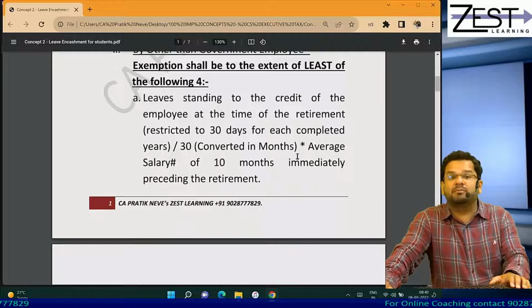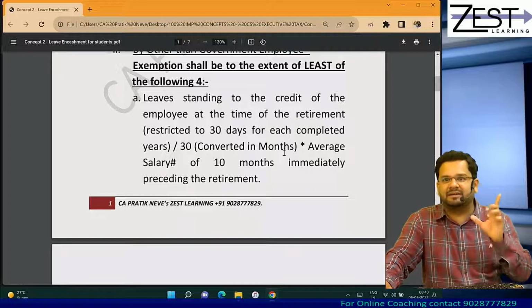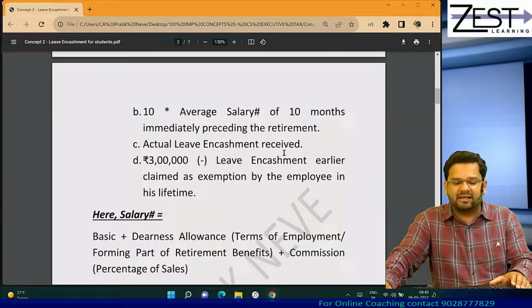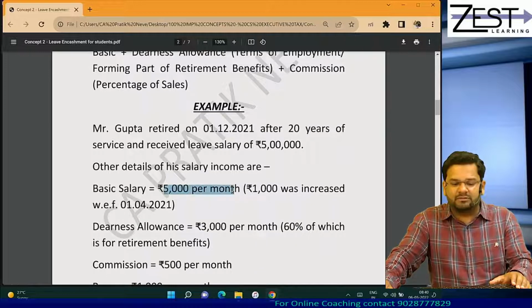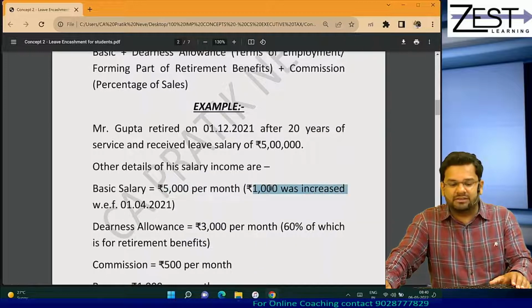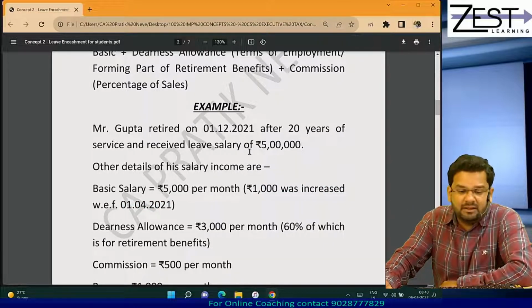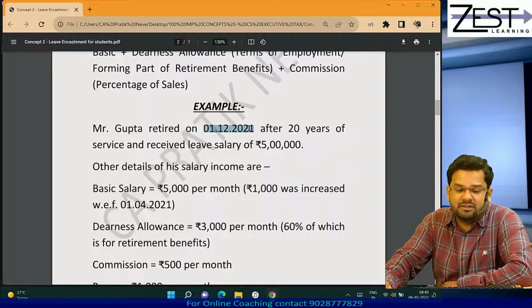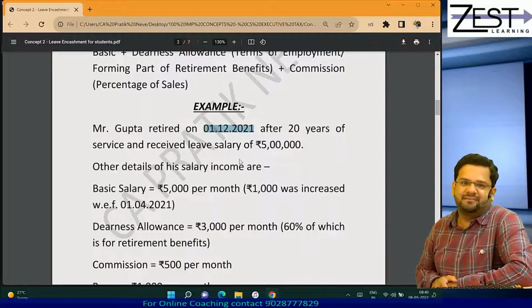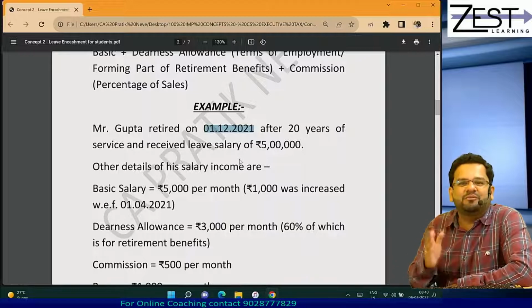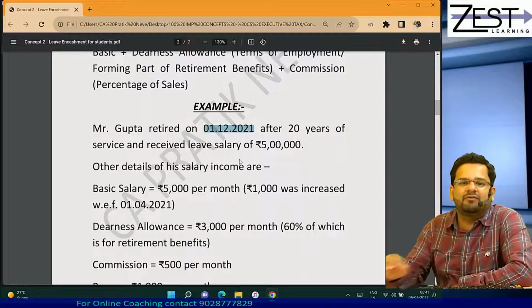Now that should be multiplied by the average salary of the 10 months immediately preceding the retirement. Now let's find the average salary. His basic salary was 5,000 per month; 1,000 was increased with effect from 1st April 21. He retired on 1st December 21, so you have to take the 10 months before this. It will start from 1st Feb 21 and go on till 30th November 21.